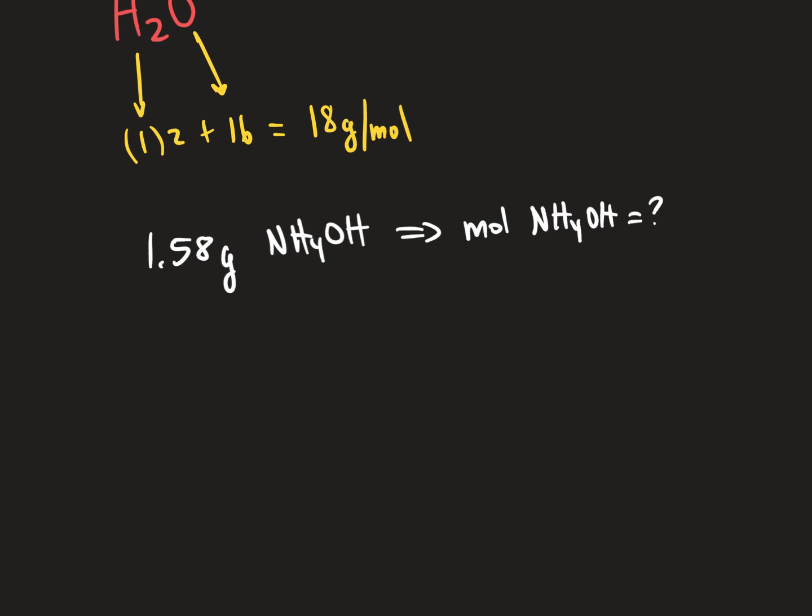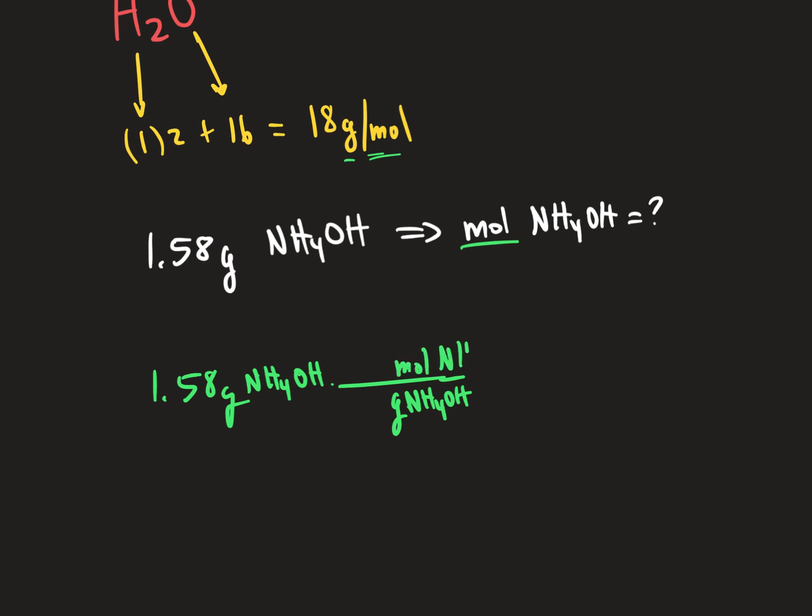We're going to start with what we know: 1.58 grams of ammonium hydroxide. We do not want grams in our answer, so they go where? On the bottom. And we want to convert it to what? Moles. And we know a conversion factor, grams per mole, right? It's not 18 because we're not dealing with water, but we can figure this out.